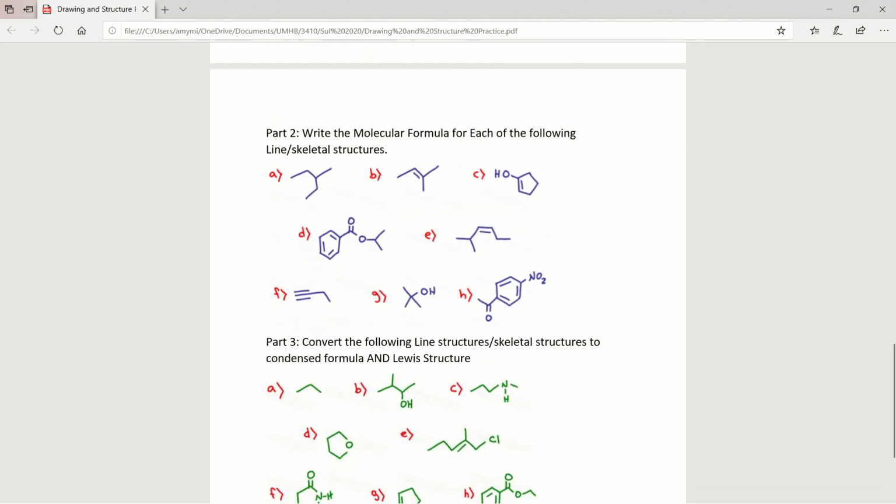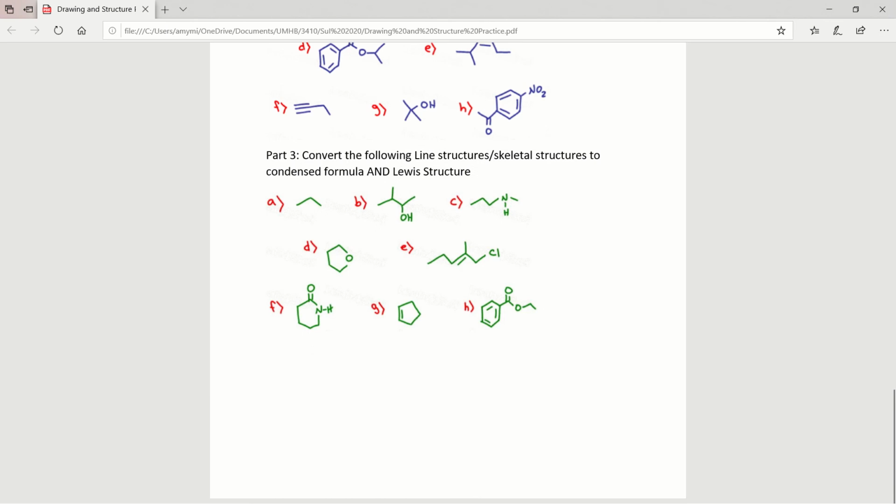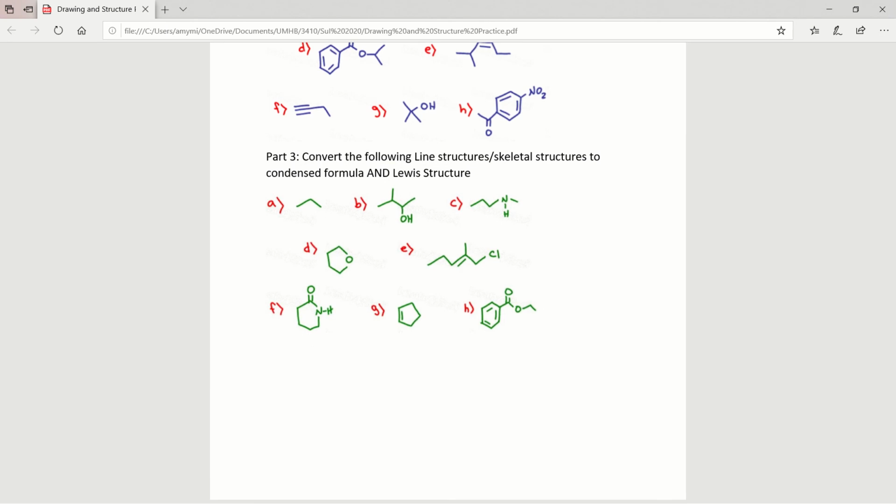Then in part two, you're going to write, using this skeletal structure, the molecular formula for each of the structures. That way you have to identify correctly how many hydrogens are present. Then in part three, you're going to convert skeletal line structures to condensed structure for all of them, and also to the Lewis structure.